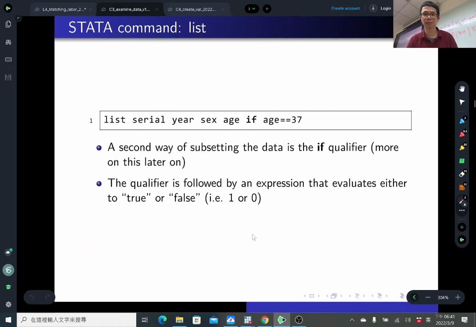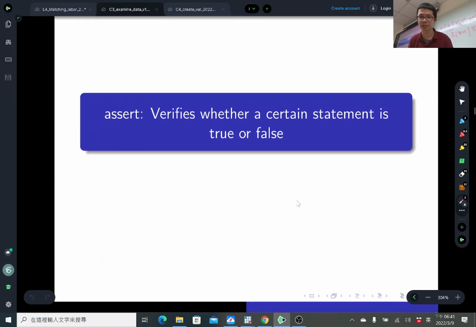And sometimes maybe you just want to know those who are age 37. So you can use an if condition. Remember, if you want to make the condition an equality, you need to put 2 equals signs. So that will list these variables for those who are 37. That's very similar, so I will not discuss it further.